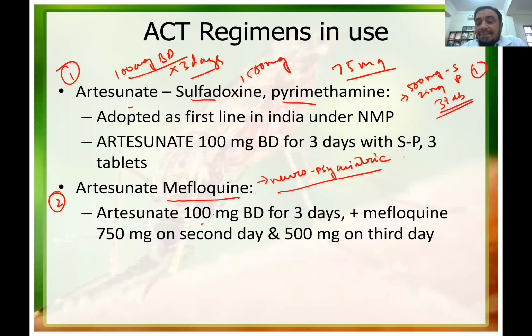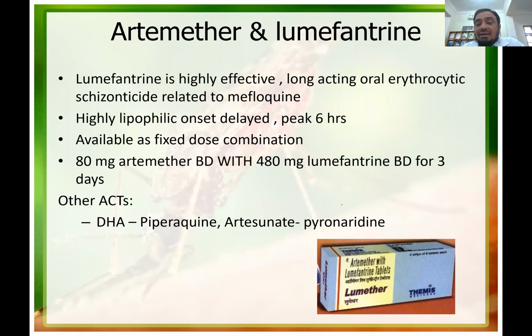Artesunate 100 milligram BD for 3 days plus mefloquine 750 milligram on second day and 500 milligram on third day. Then artemether with lumefantrine, that is 80 milligram of artemether and 480 milligram of lumefantrine, BD for 3 days.